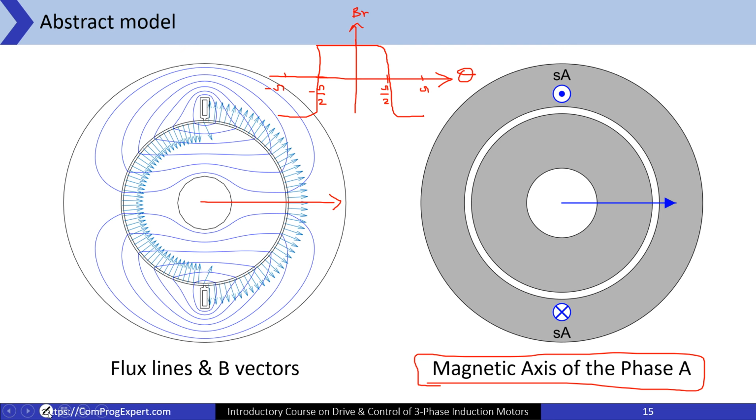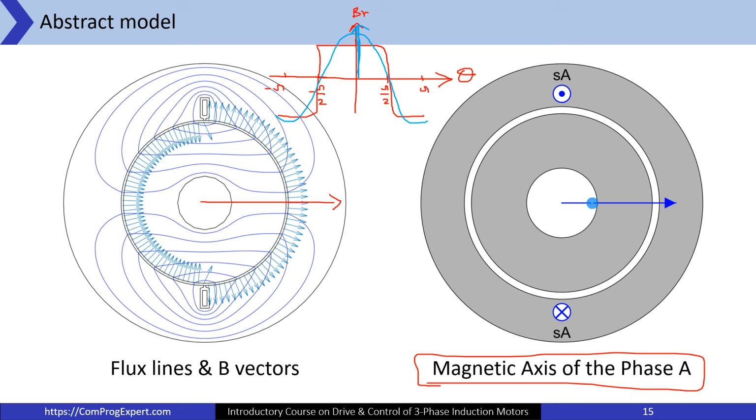But for a sinusoidally distributed winding, for an ideal case, we have this fundamental harmonic. Here is the magnetic axis, where we have the peak value. This is the magnetic axis of the phase A. Graphically, you can show it here, right?